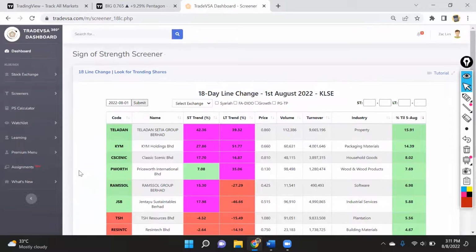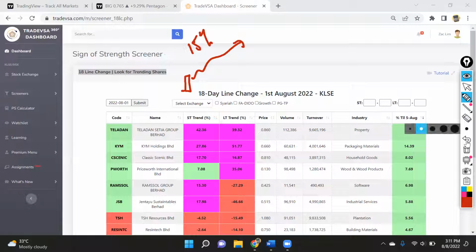Which means here you got a line change candle, and the price already moved 15, 16%. So this is not a pullback anymore, this is a breakout.